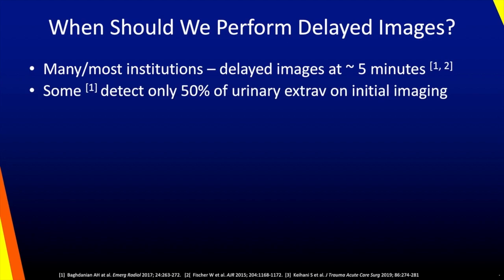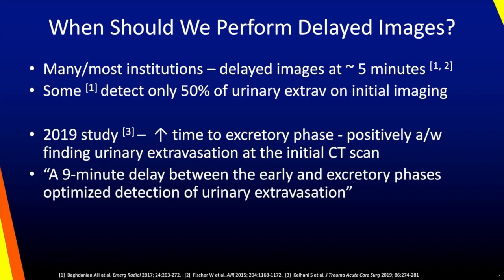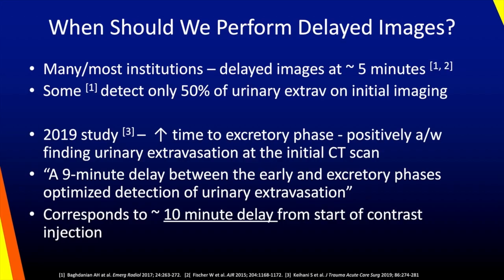But some of these institutions detect only 50% of urinary extravasation on initial imaging. A 2019 study demonstrated that increasing the time to the excretory phase is positively associated with finding urinary extravasation at the initial CT scan. And they state that a 9-minute delay between the early and excretory phases optimized detection of urinary extravasation. This corresponds to approximately a 10-minute delay from the start of contrast injection, which is what we do and recommend.